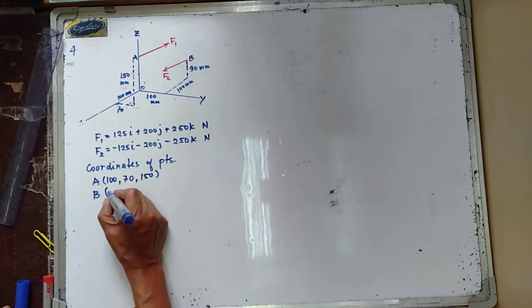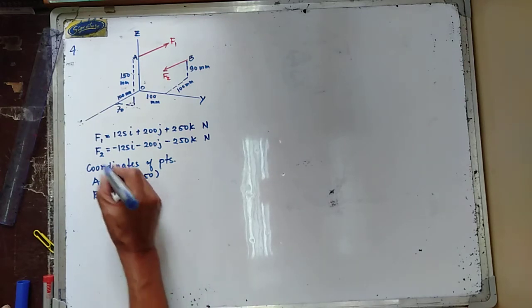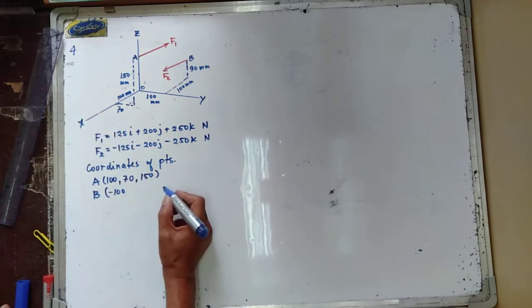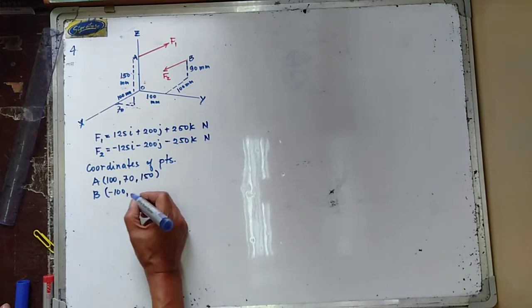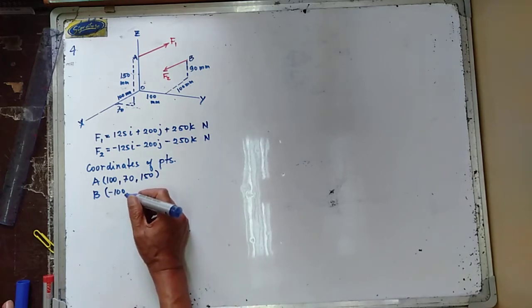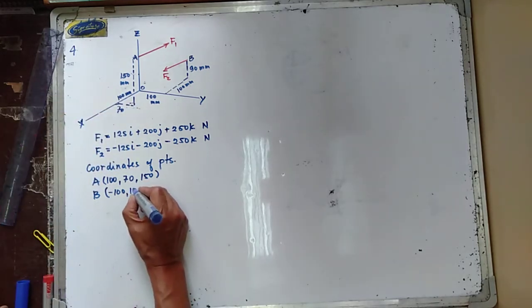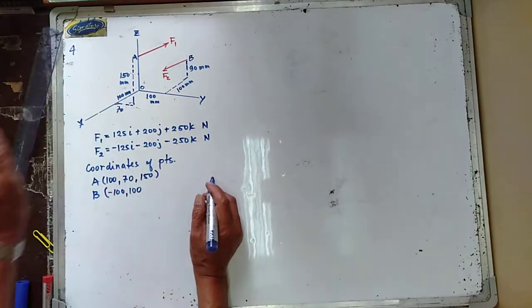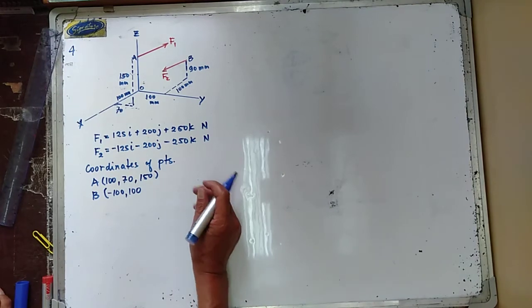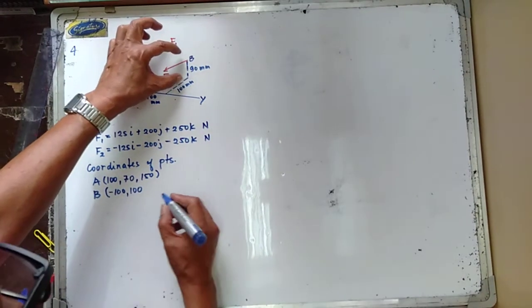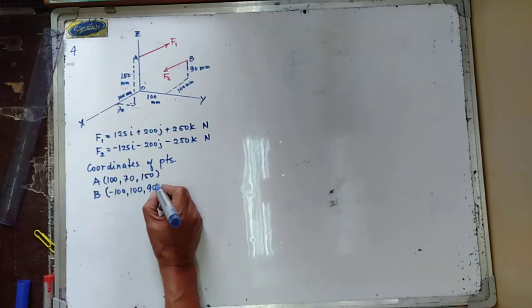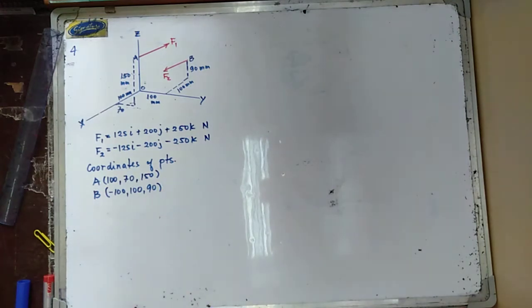So we have negative 100, and then your y is still positive 100, and your z is positive 90.